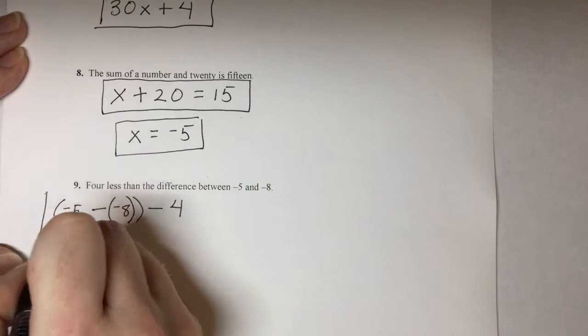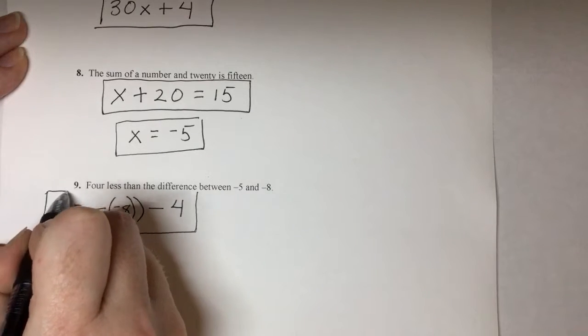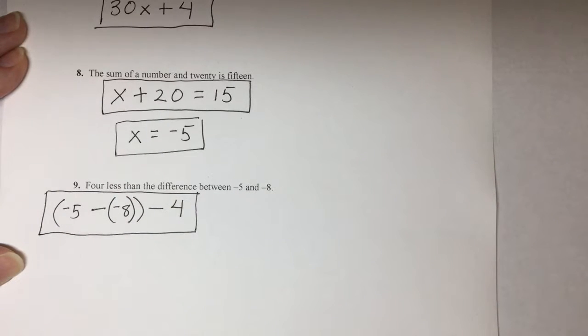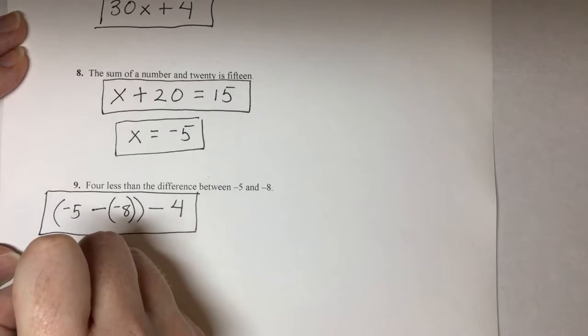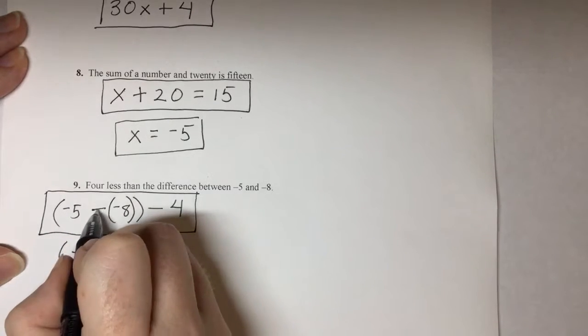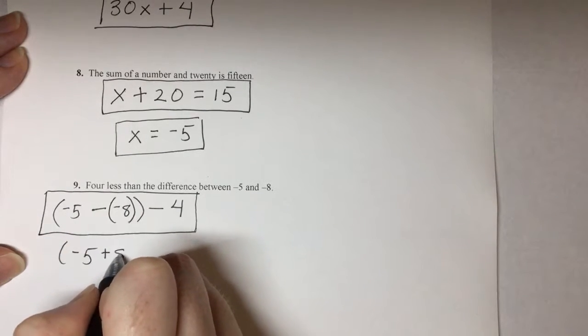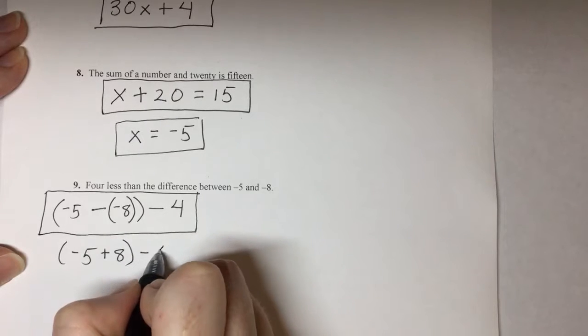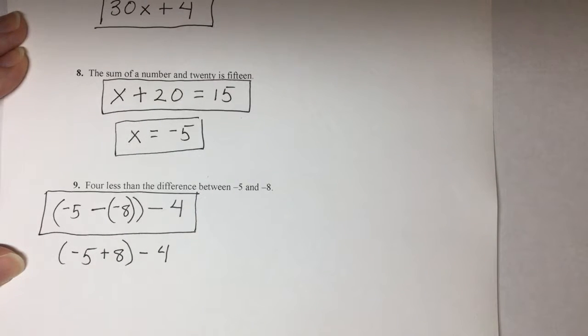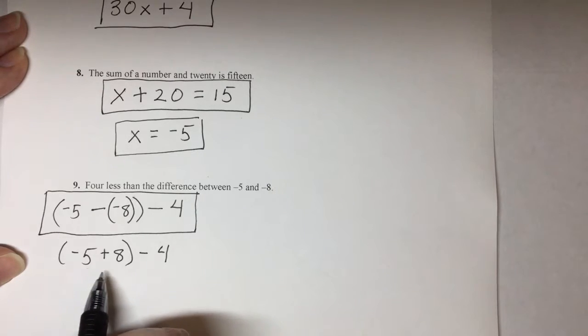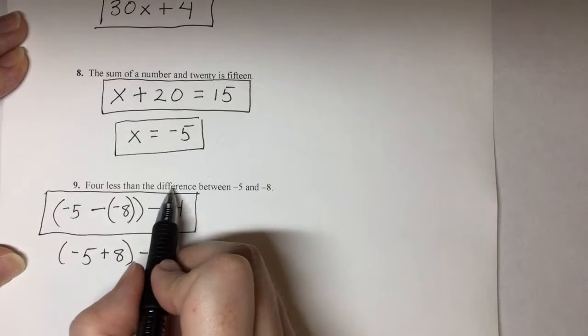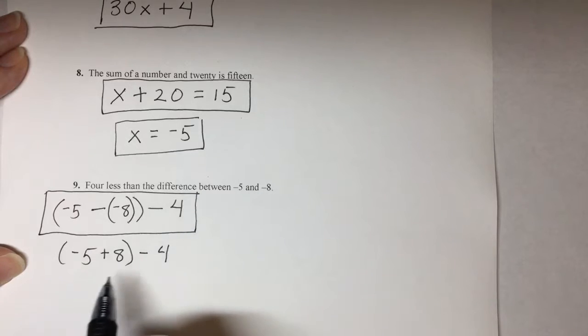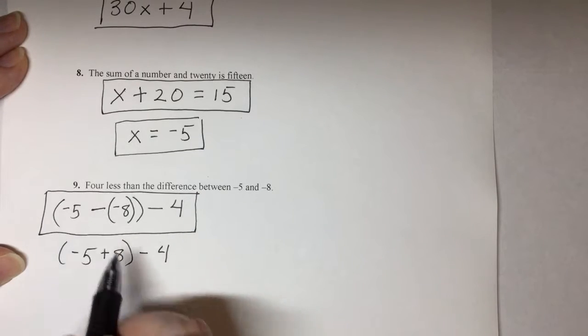So this is the translation. Now to simplify, well, negative 5 minus a negative is a positive, plus 8, minus 4. I could not write this down as my first step because that would be a sum of negative 5 and 8, not a difference.